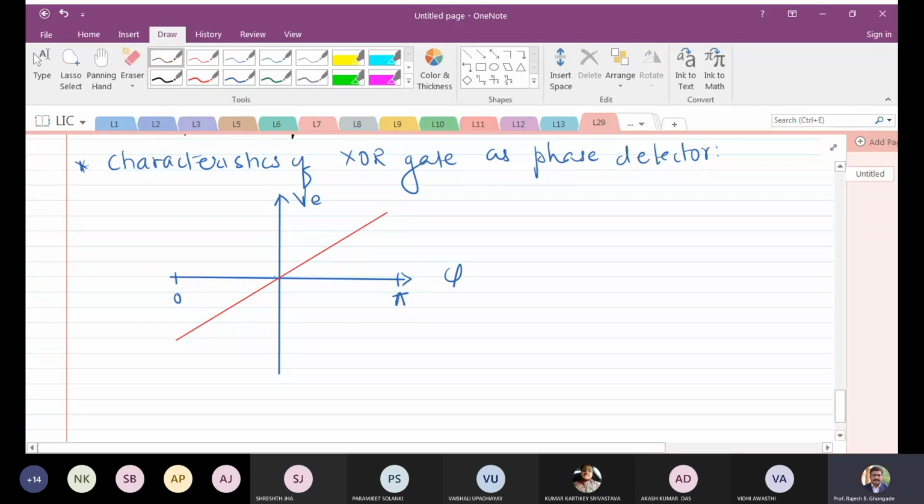At exactly 90 degrees, so this is pi by 2, I am having error voltage equal to 0. For phase difference which is less than 90 degrees, it is negative.